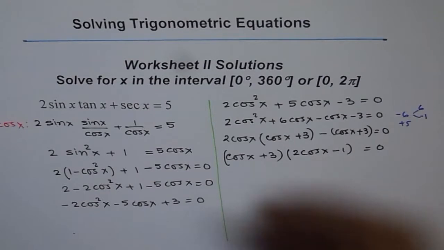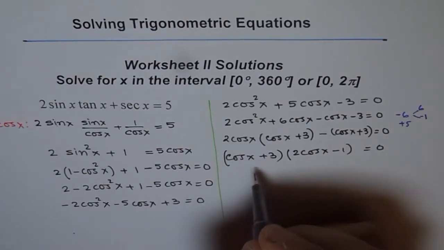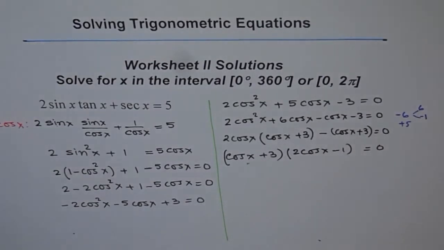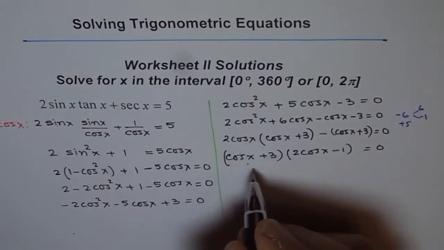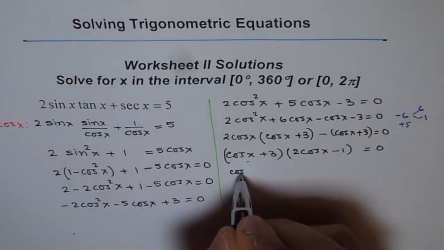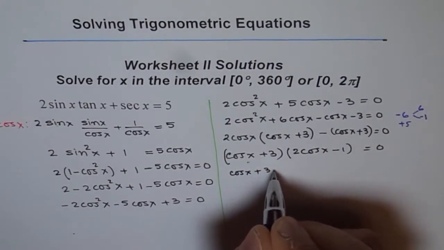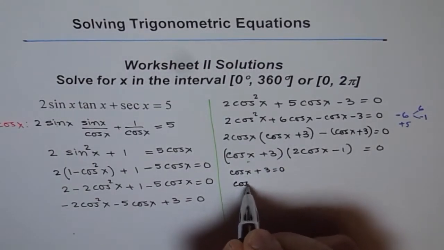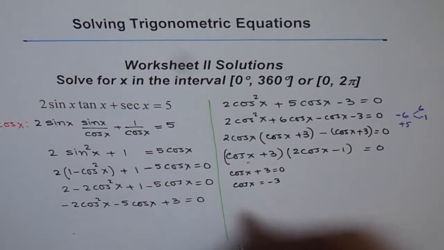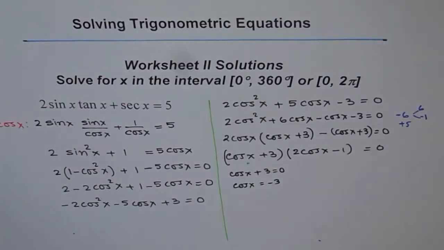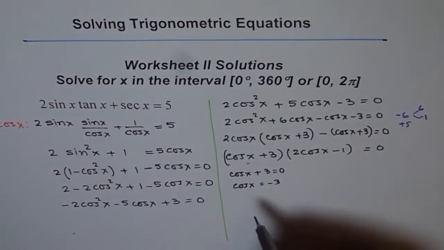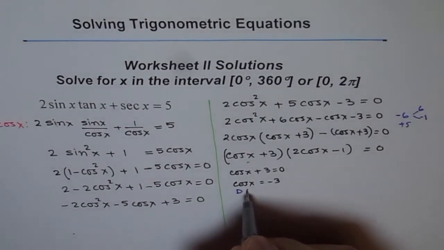One is that cos x plus 3 could be 0, right? If cos x plus 3 equals 0, that means cos x equals minus 3. Well, that is not a solution, since cos x of that does not exist.